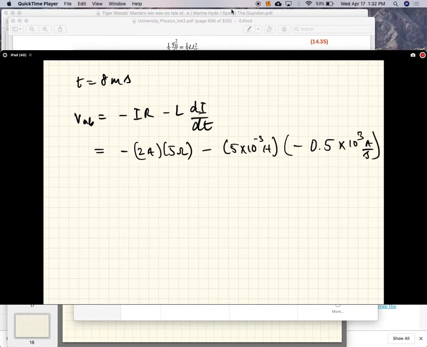That's 500 amps per second. Okay. So now this is equal to minus 10 volts, and this is equal to plus 2.5 volts.